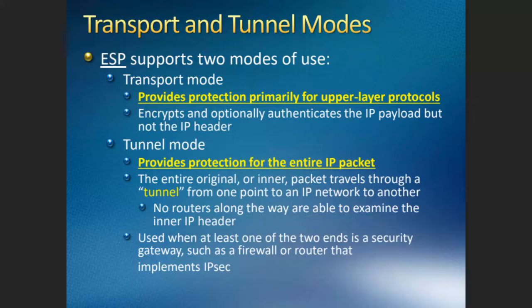Tunnel mode provides protection for the entire IP packet because everything is going through a tunnel, from one point on an IP network to another point, all encrypted inside the tunnel. So it will be slower, of course. And it is used when at least one of the two ends is a security gateway, such as a firewall or router that has IPsec.